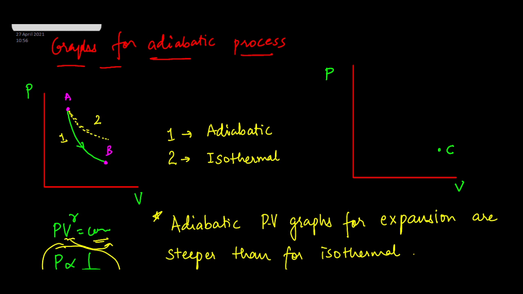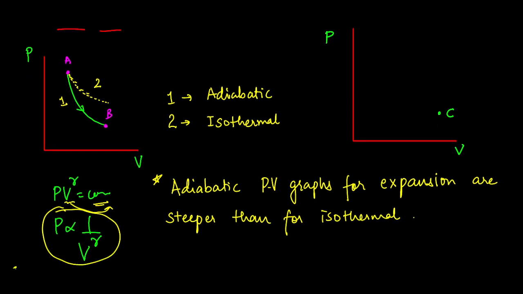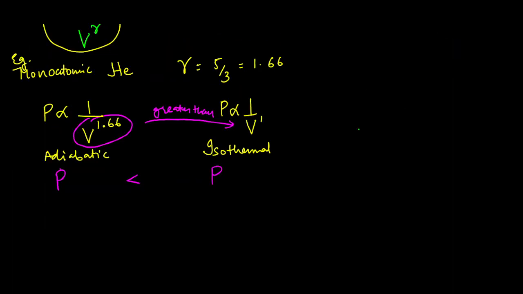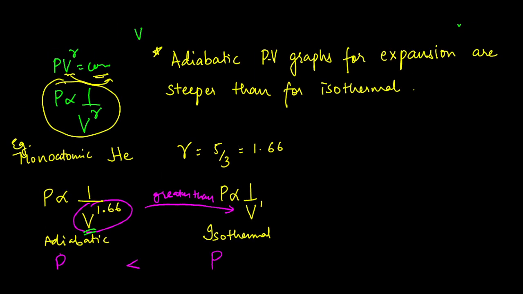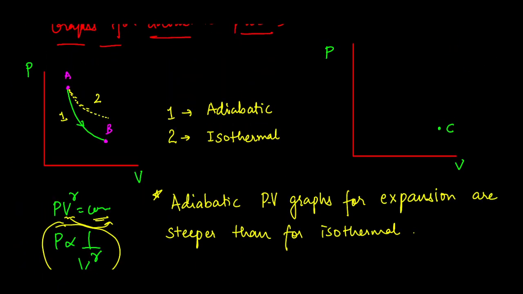So now let's draw them. Green is adiabatic and yellow I'll draw isothermal. So what will happen is that for the same volume, pressure for adiabatic will be less. So the adiabatic will go like this, let's say this is adiabatic.